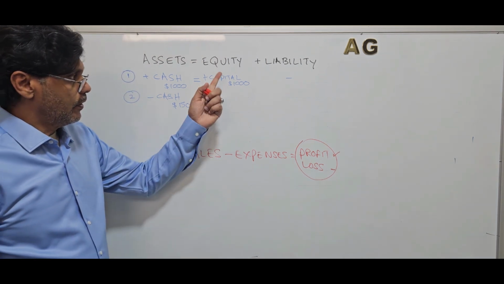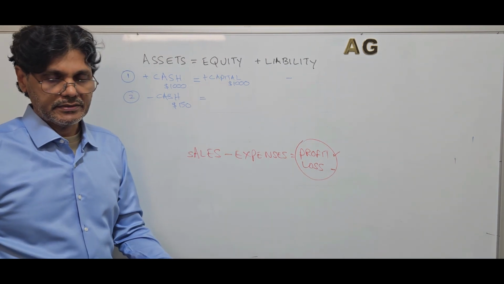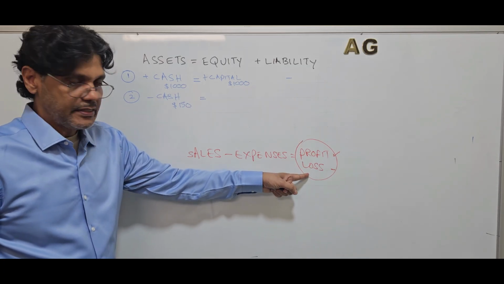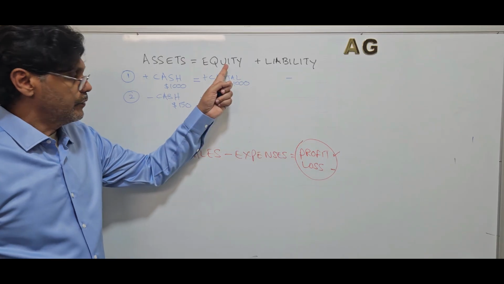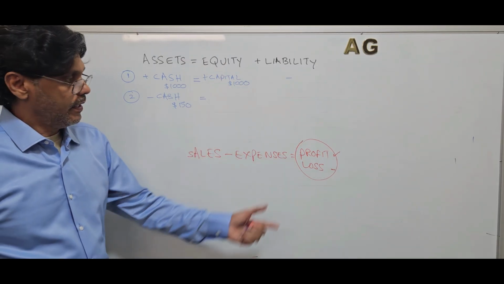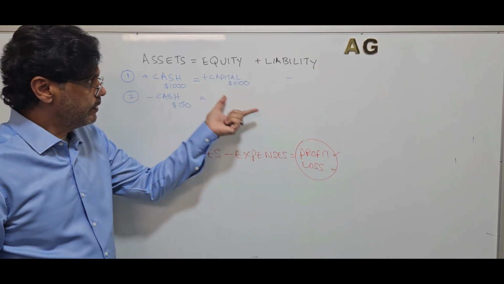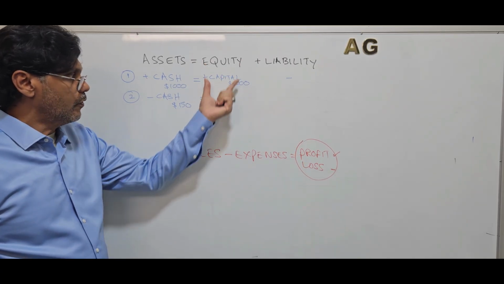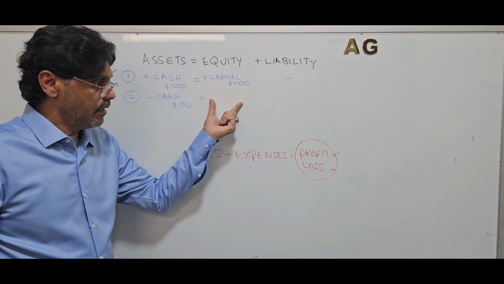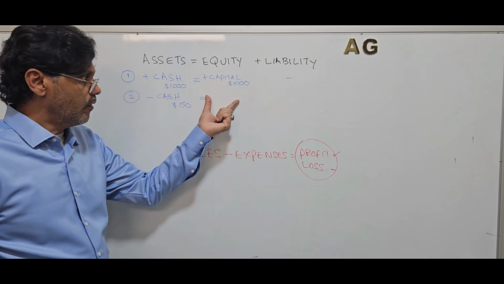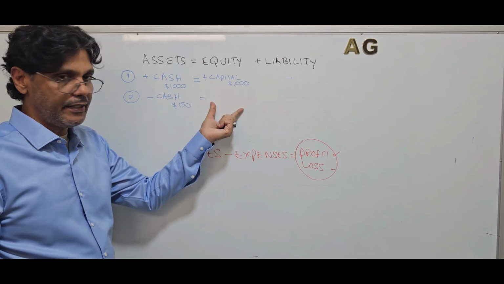This profit or loss belongs to the owners of the business. Business has an obligation to pay back this profit to the owners. Since business has an obligation, if there is a profit, the obligation towards the owner, the equity, will increase. However, if it is a loss, the obligation towards the owners will reduce, the equity will reduce.